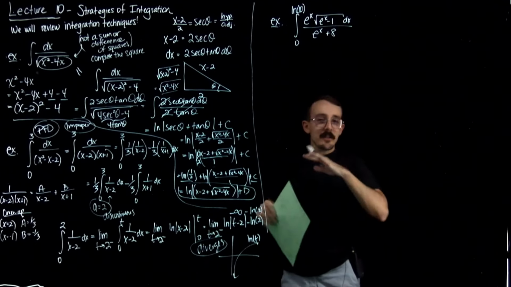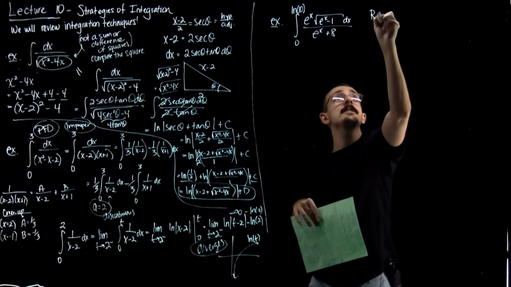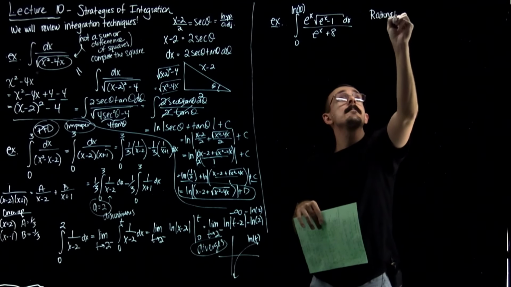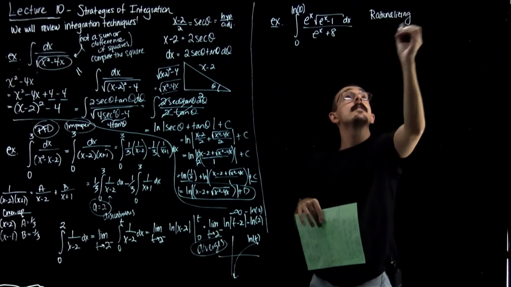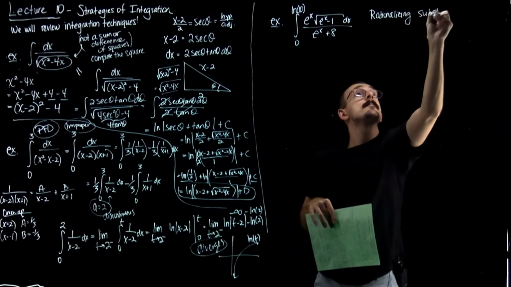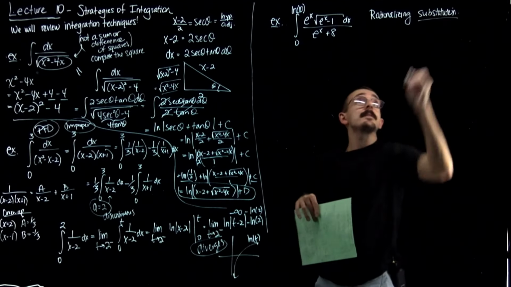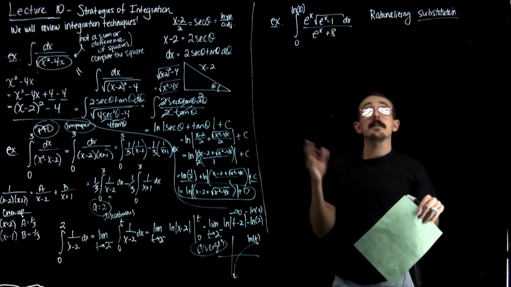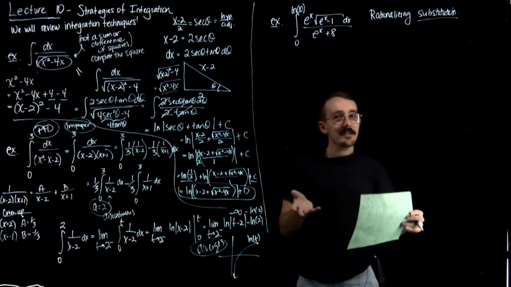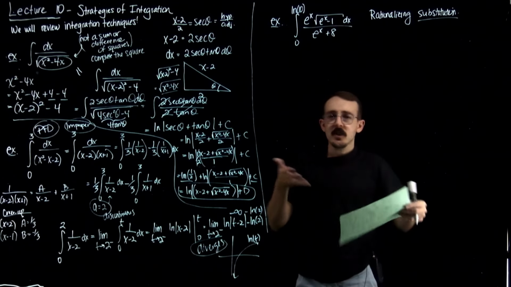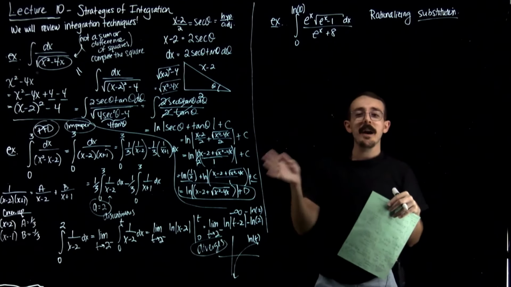So after all of those are exhausted, that kind of leads me to believe that we're going to have to do a rationalizing substitution. And at the very least, we're going to have to do some kind of substitution, because right now it just looks really bad. And the moral here is, if the first thing you try doesn't work, just try a couple other things. Don't get too frustrated. Not all of them have a clear path to the end.